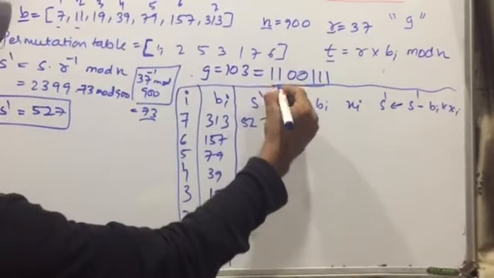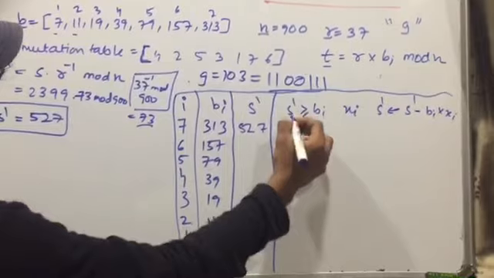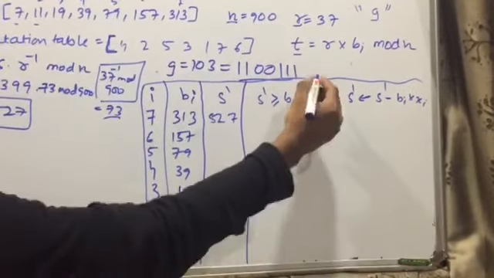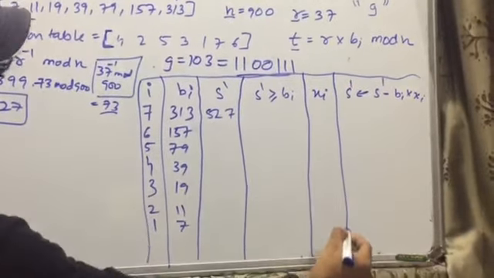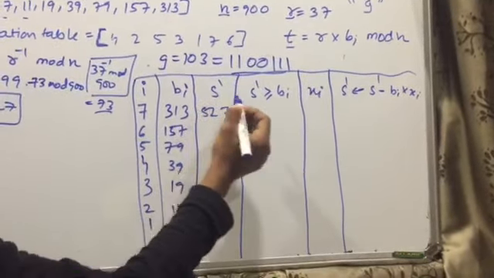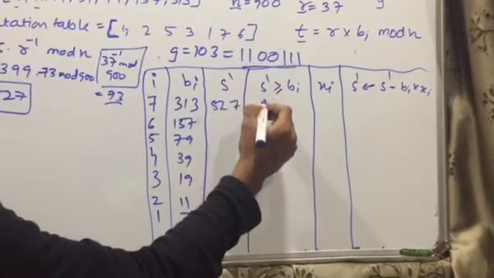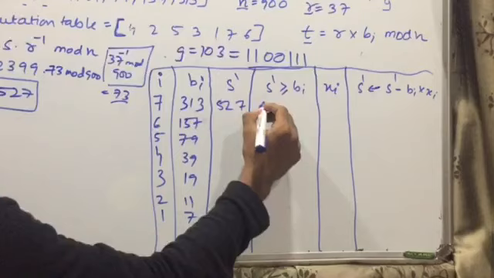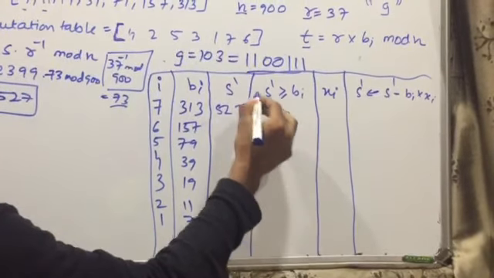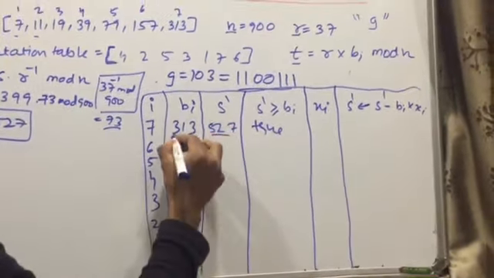Over here you have to check whether S dash is greater than BI or not. Okay, so if it's greater, then you have to write true and input value XI as 1. So this value is true because this S dash is greater than BI.